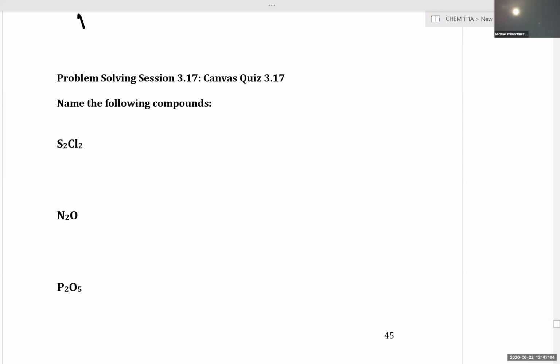So you're more than welcome to submit your responses via the chat, verbally, or via Canvas Quiz 3.17. So I'd like you to name the following compounds, and you're more than welcome to type the names in the chat, verbally, or via Canvas. And we'll discuss in about 3 to 4 minutes.